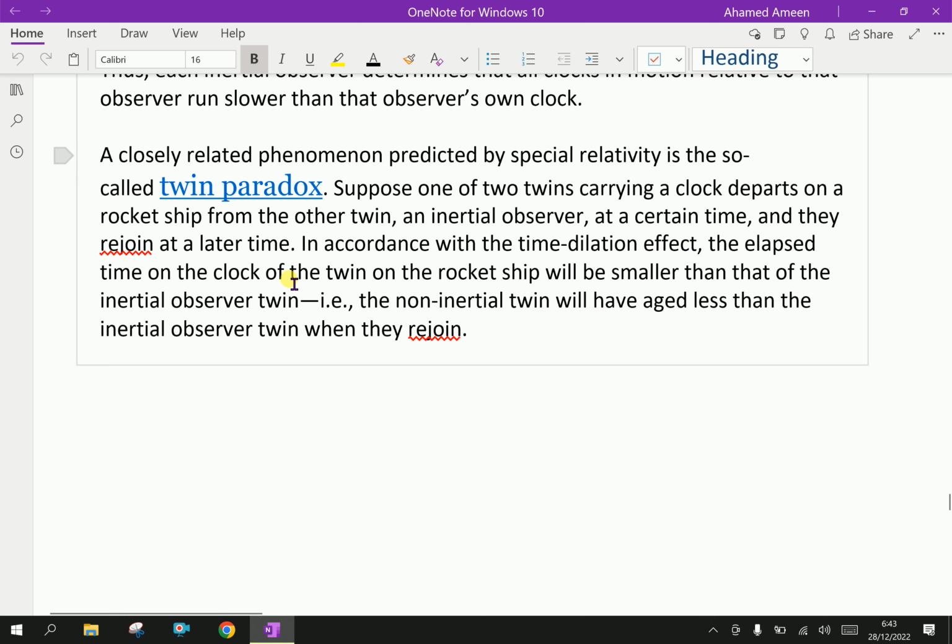In accordance with the time dilation effect, the elapsed time on the clock of the twin on the rocket ship will be smaller than that of the inertial observer twin. That means the non-inertial twin will have aged less than the inertial twin when they rejoin. The twin who moves faster and comes back is younger than the twin who stayed on the earth, because while moving faster the clock slows down.